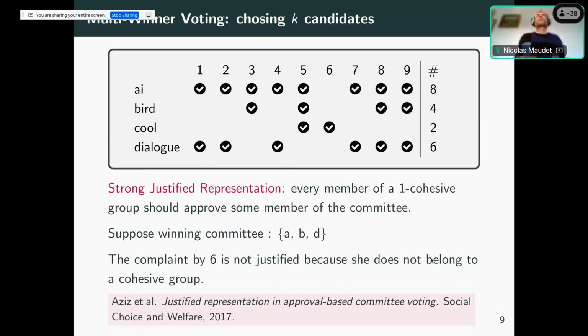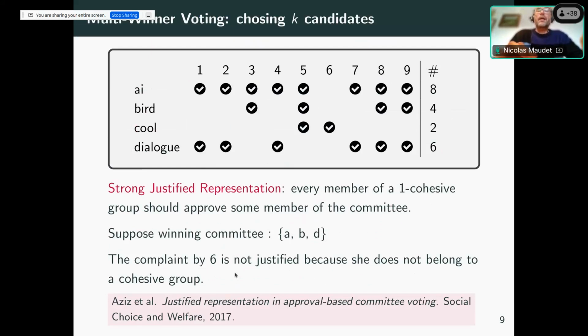And now, in terms of fairness, you could say that every member, if they belong to one cohesive group, should approve some member of the committee. So suppose that the winning committee would be ABD if you just pick the one with the most approval votes here.